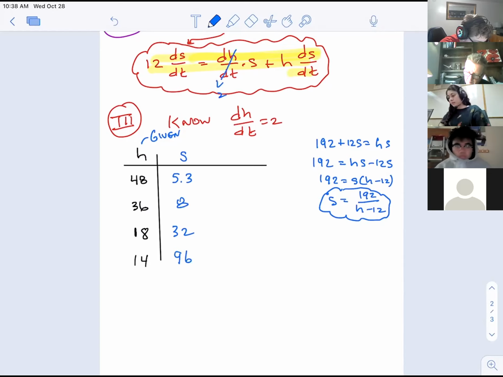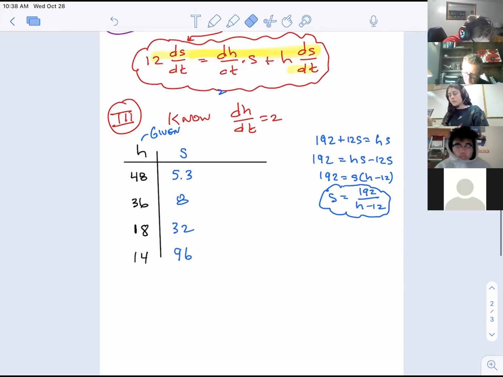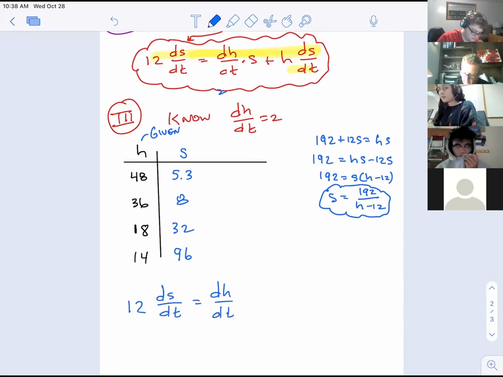And in this first problem, don't I know that S, I think I'll write this down below instead of messing up my example. So 12, ds/dt equals dh/dt times S plus h times ds/dt.